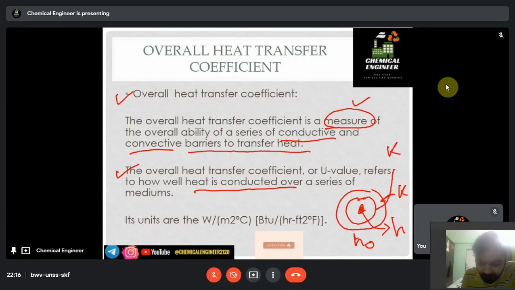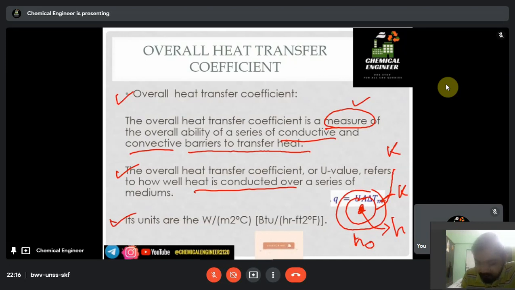Okay, the unit, a simple one, is watt per meter square Kelvin, or watt per meter square degree Celsius. Moreover, in English units we can show it as BTU per hour feet square degree Fahrenheit.